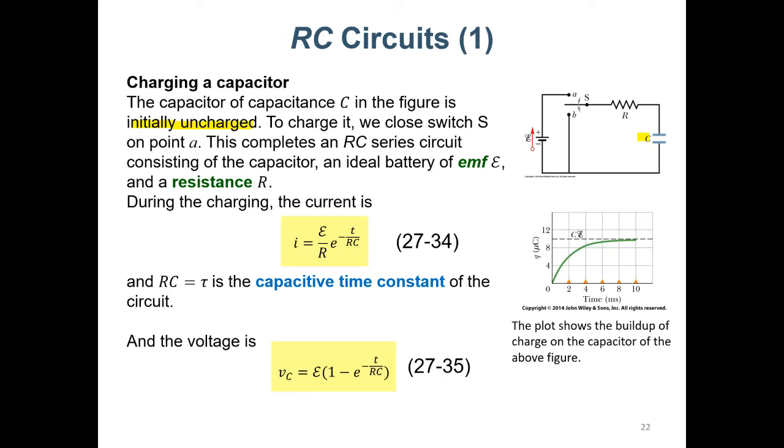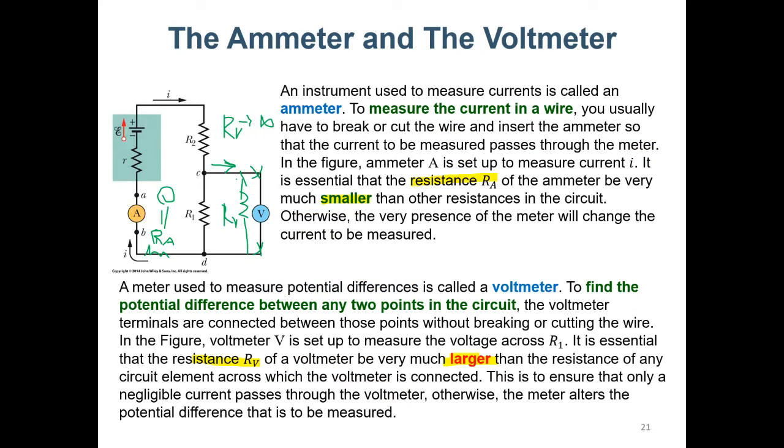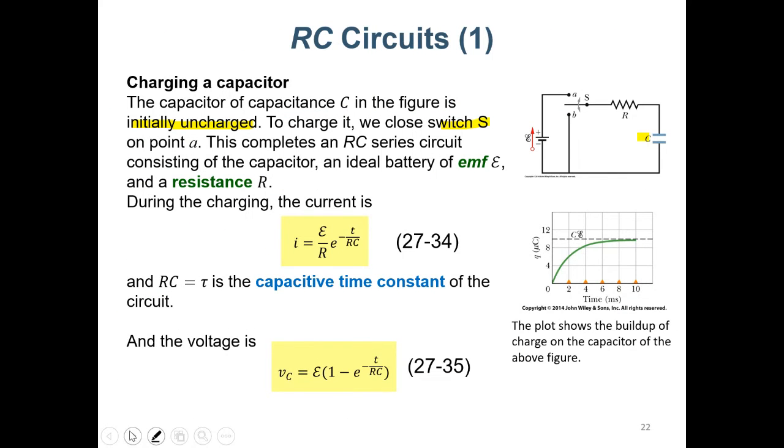So to charge it, we should close the switch S on point A, which means that the switch goes to point A, and then the EMF will connect to this so-called RC circuit. So this completes the RC circuit consisting of a capacitor, ideal battery, EMF E, and a resistor R.